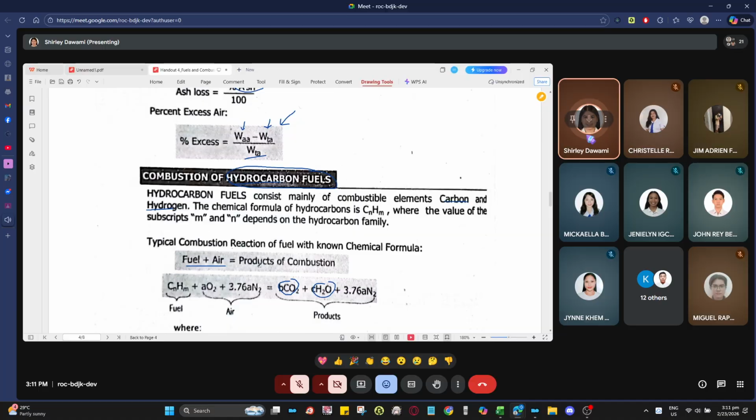So fuel plus air equals the products of combustion, which are CO2 and H2O.